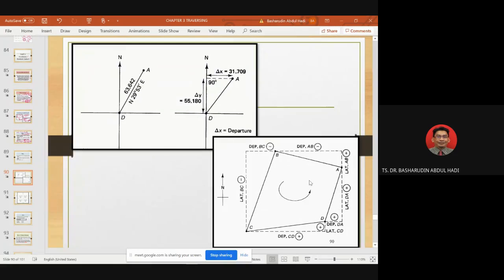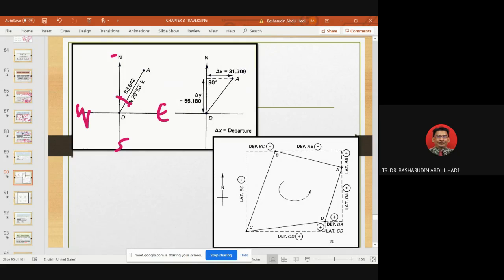So what is it? You have north, of course this one is south, and this one we call east and west, and we have the angle of this one, north 29 degree 53 east, for example. This angle is the angle.